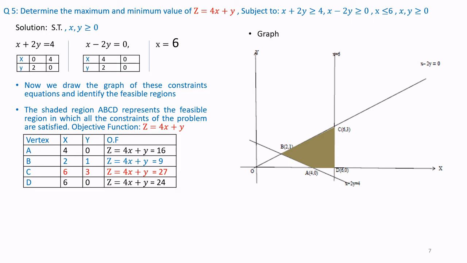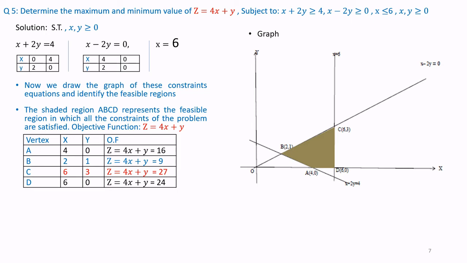So now we will calculate the objective function in the fourth column as given. So z is equal to 4x plus y. When we put x is equal to 4 and y is equal to 0, we get z is equal to 4 into 4, which is 16. For point B, 4x plus y is 4 into 2 plus 1, 8 plus 1 becomes 9.